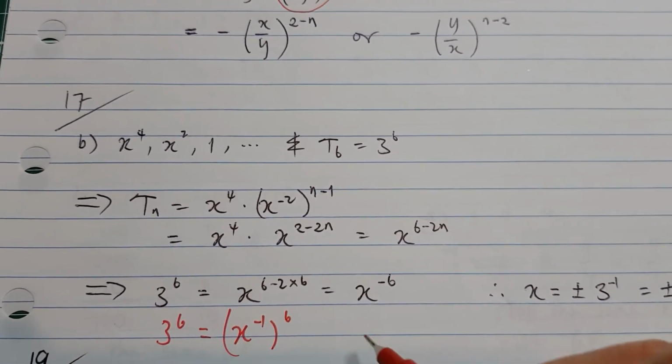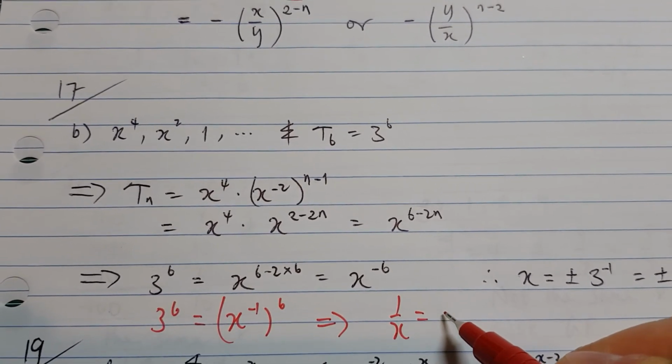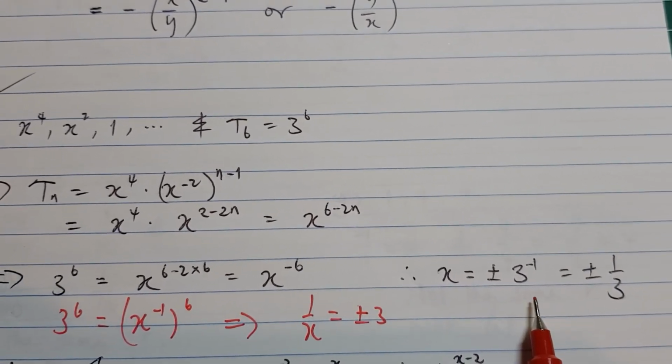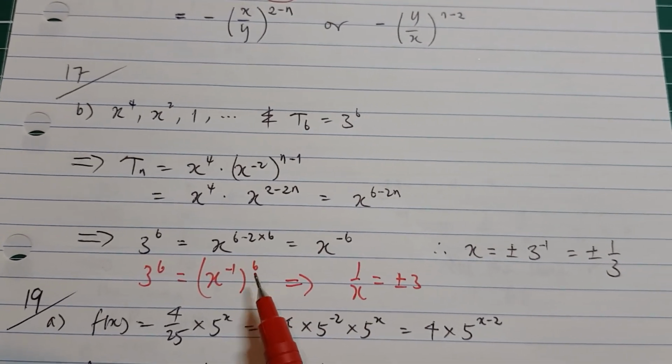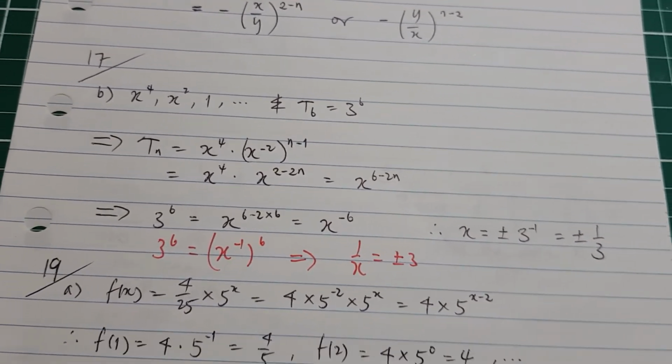So that means 1 on x equals plus or minus 3. Hence x equals plus or minus a third. All right, because you have the even power again. Okay, so you could have both answers for that.